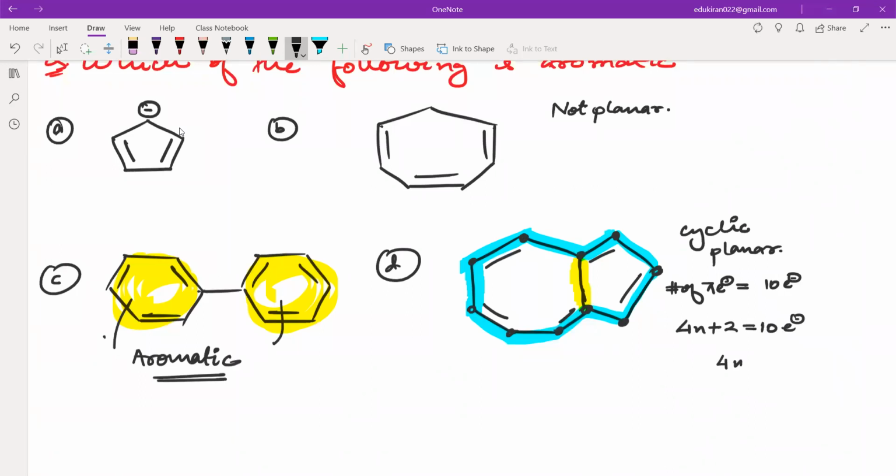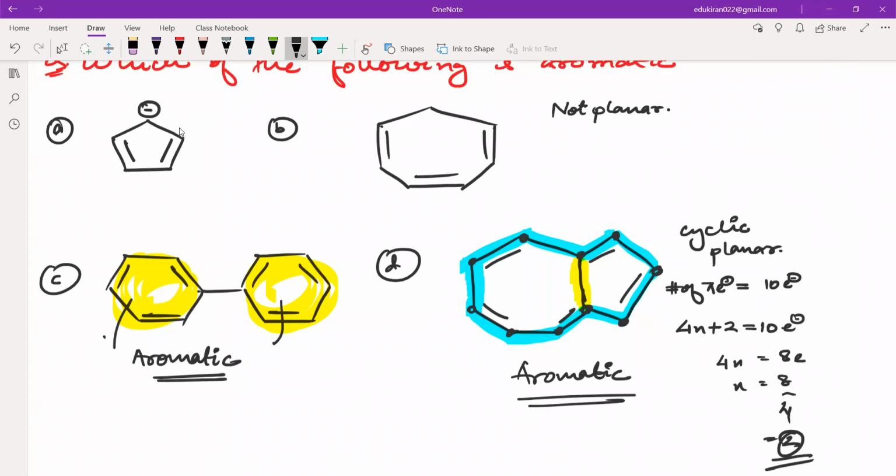So 4n equals 8, and n equals 8 upon 4, which is equal to 2. N is a whole number, so this is aromatic. Any problem, guys? No, sir. Okay.